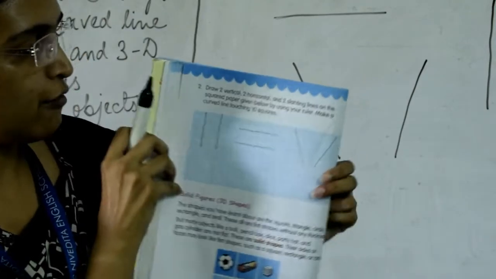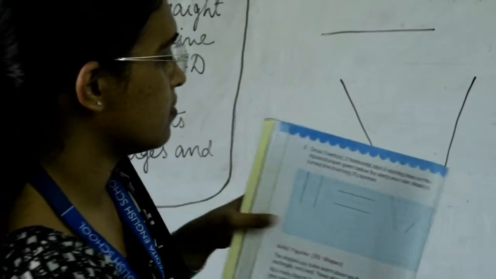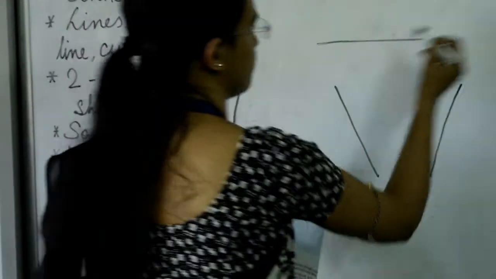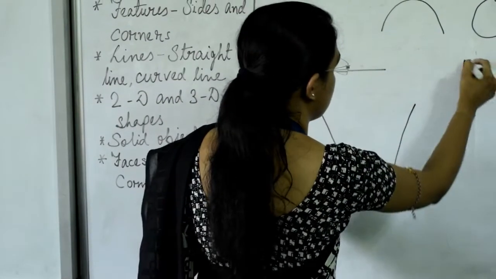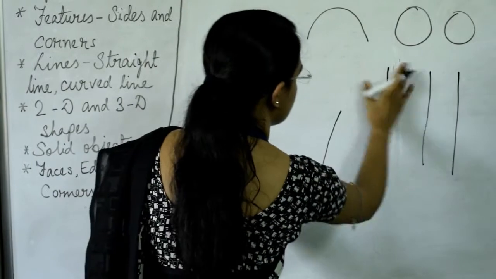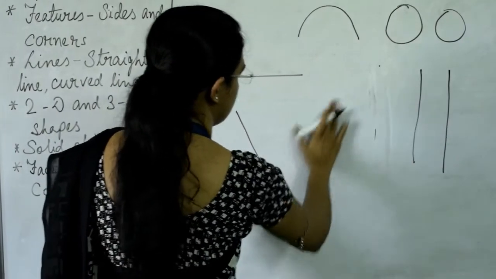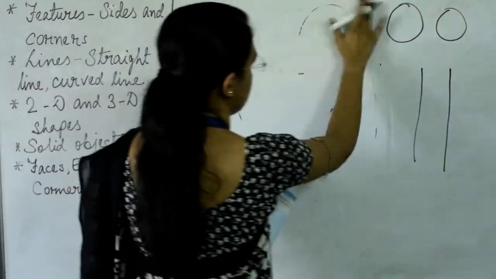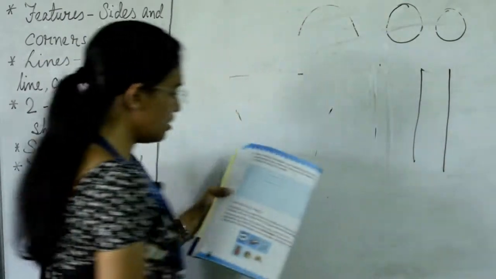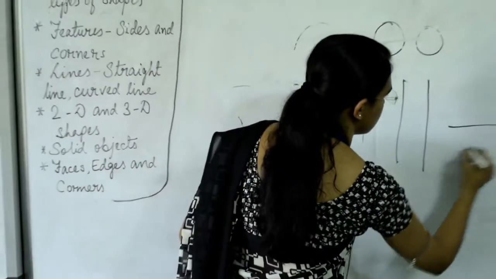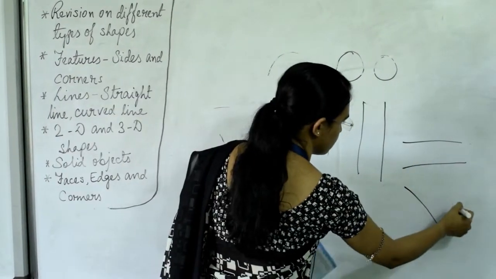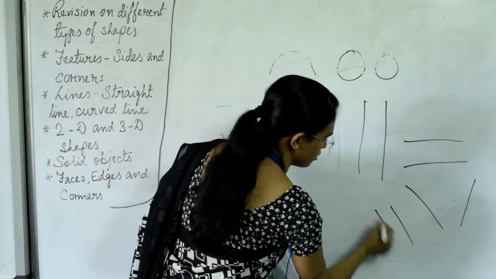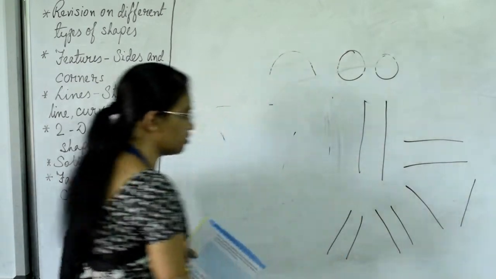Okay, here you have to draw 2 vertical lines. That means this one, 2 vertical lines like this. Okay, then 2 horizontal lines like this, and then 2 slanting lines like this, or you can draw like this also or like this also.